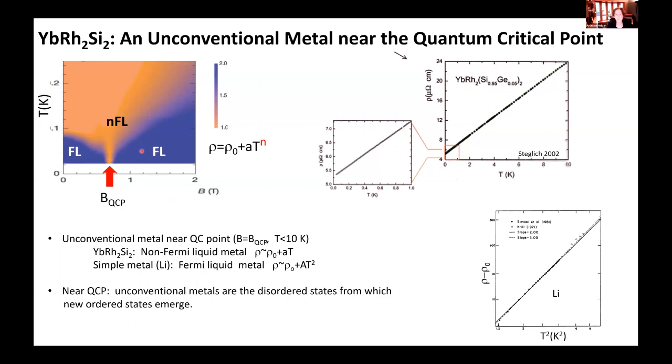What's plotted here is not the magnitude of the resistivity, but the temperature dependence of the resistivity. So at each temperature and field, the resistivity has a temperature dependence which is a power law, and that power, n, can go from 1, which looks orange in this plot, up to 2, which looks blue.